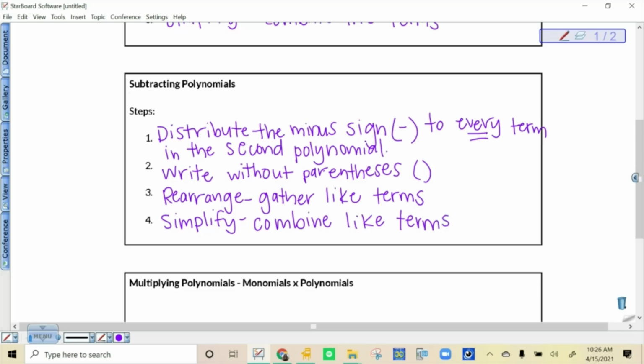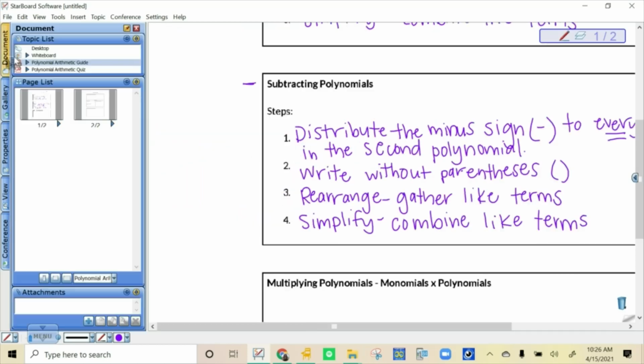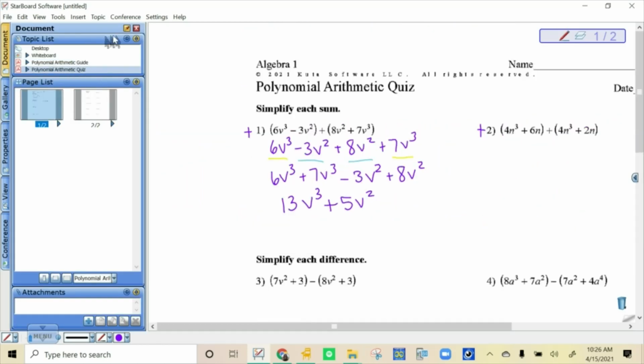Okay, so take a look at your quiz and put a little minus sign next to the problems where we're subtracting polynomials. Again, there should be 3 of them.